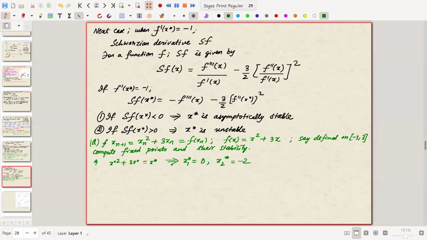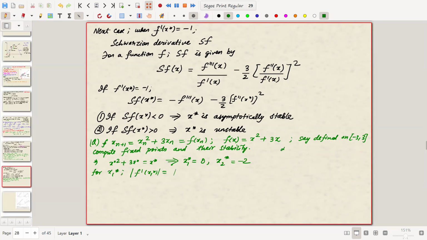Okay with you? Now we have to find what the stability is here. Let us see the stability of x1*. What do you do? Compute the derivative at x1*.